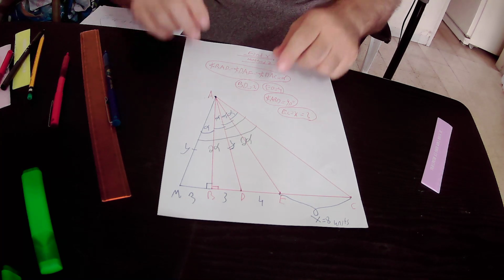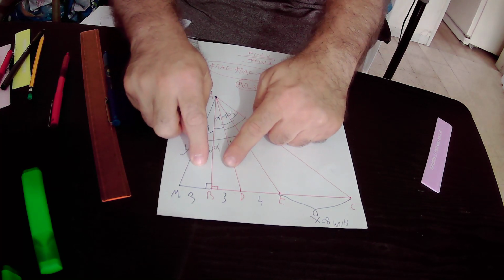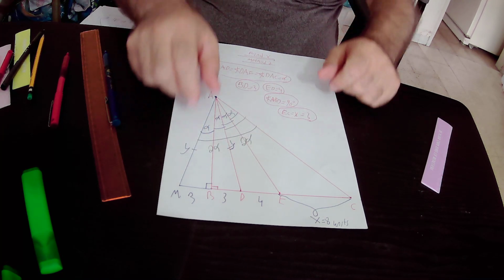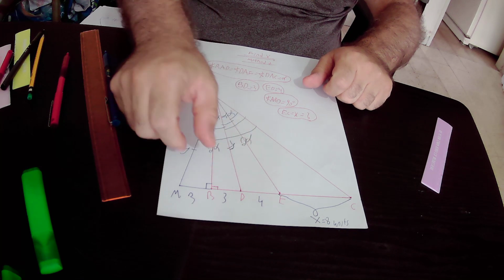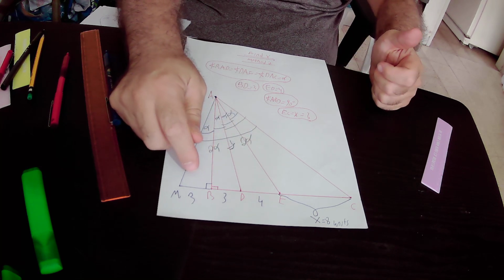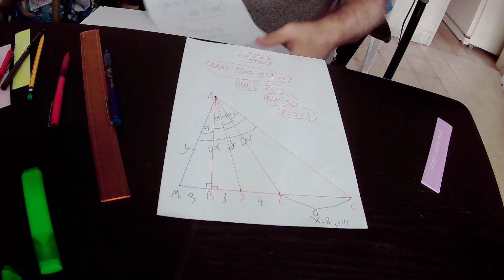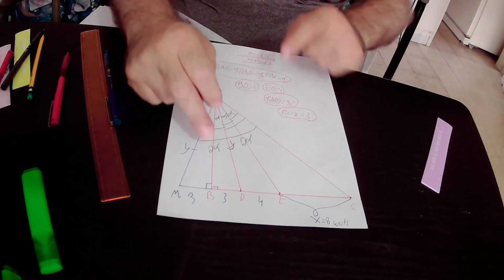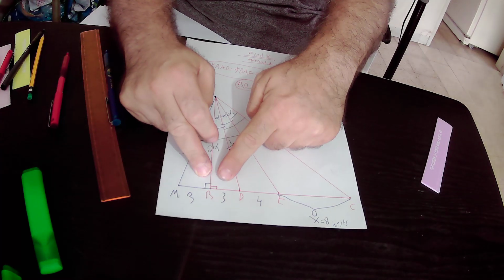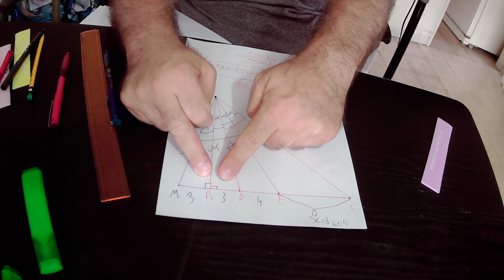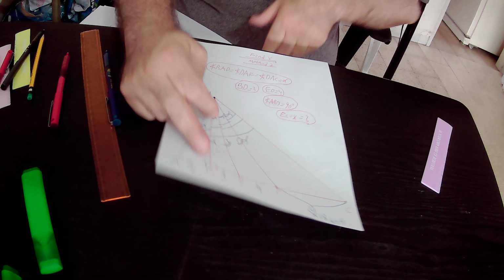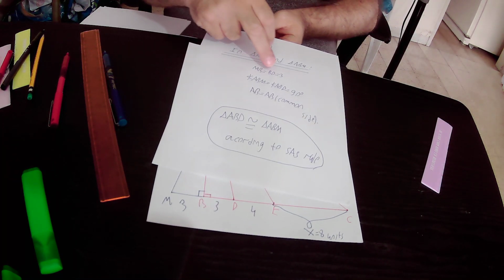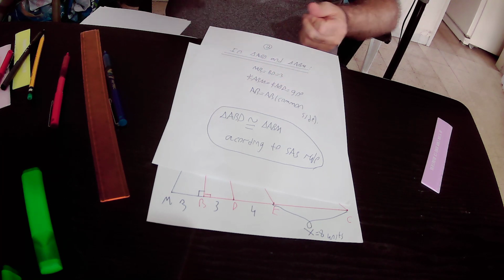So then we actually proved that those two triangles are congruent, because we know that MB equals to BD equals to 3 units according to our construction. We also know that those two angles are equal to each other. They're both right angles. So angle MBA equals to angle ABD equals to 90 degrees.